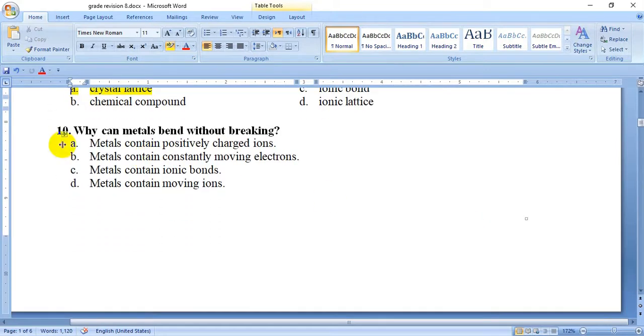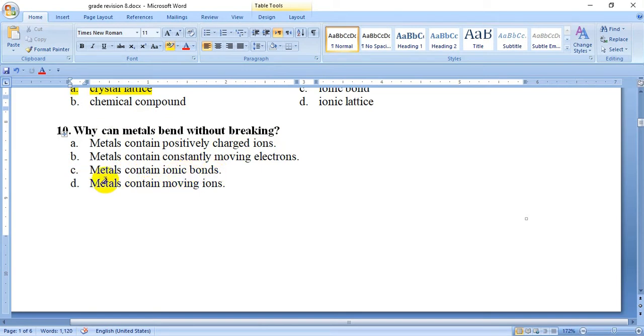Question 10. Why can metals bend without breaking? Metals have many properties because of their metallic bonds. The metallic bond forms because metals contain positive charged ions and constantly moving electrons.